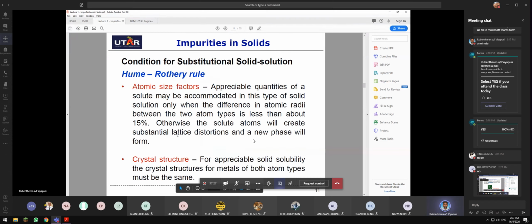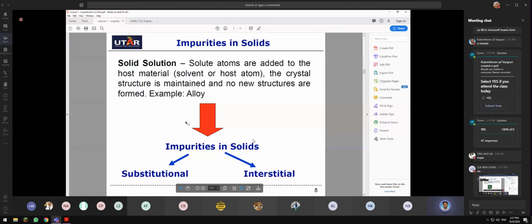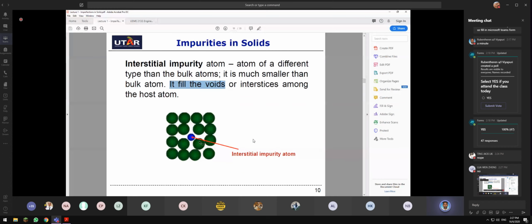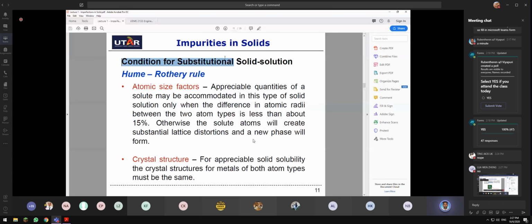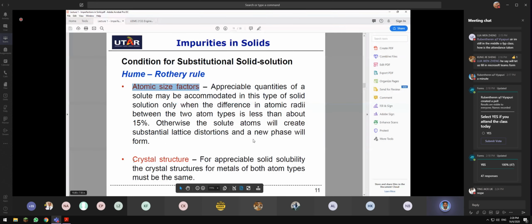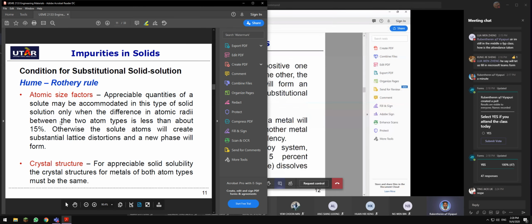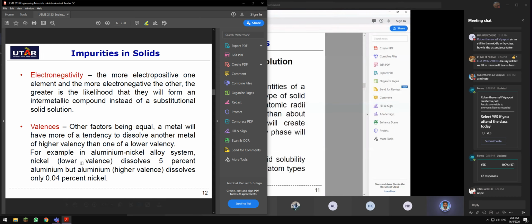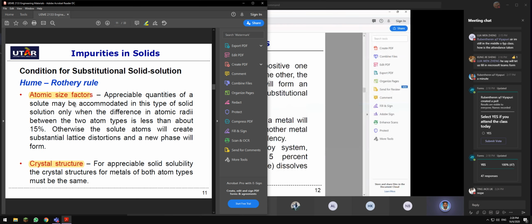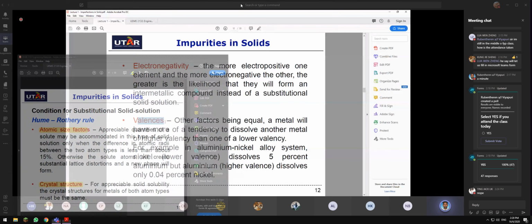Impurities in solid. Now, I did mention to you there are some rules for you to add different types of material. Now, conditions for substitutional solid solution, we call it the Hume-Rothery rules. There are 4 conditions: atomic size factor, highlight this, crystal structure, electronegativity, and also valence.